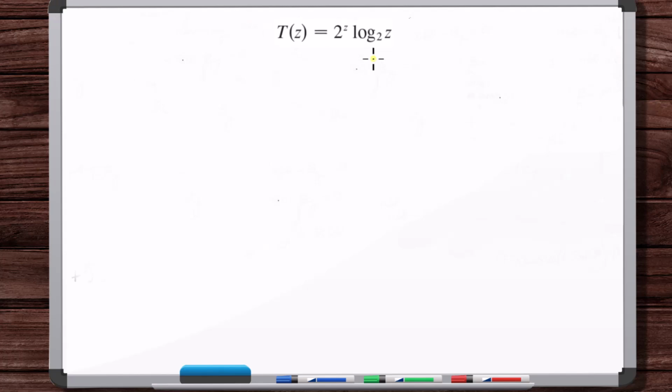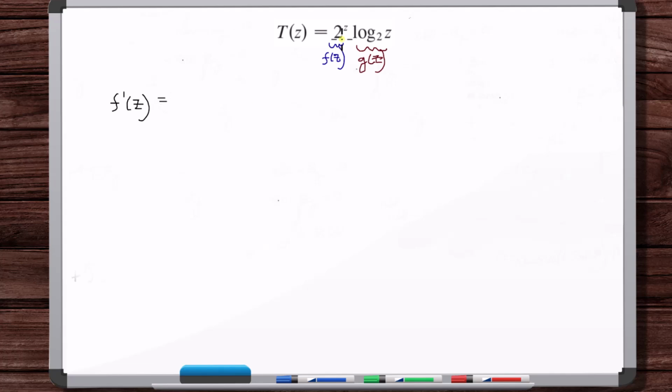Okay, so we've got one function of z times another function of z. Okay, so let's just do this. What is f prime of z?